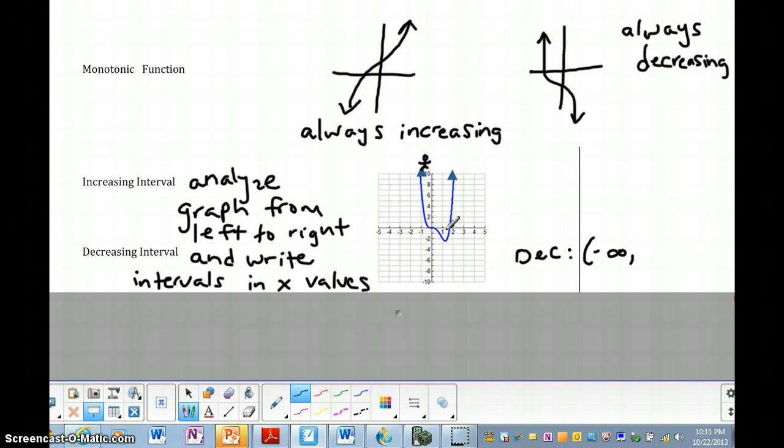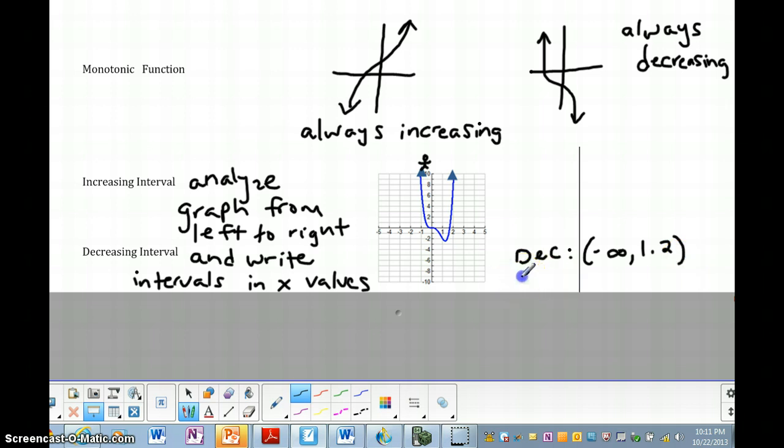On my graph, I would have to estimate since it's not falling right on a unit. It's definitely somewhere between 1 and 1.5, and I'm going to say 1.2. So that would be our decreasing interval. Remember, for decreasing and increasing, you always use parentheses. You don't have to worry about the brackets.